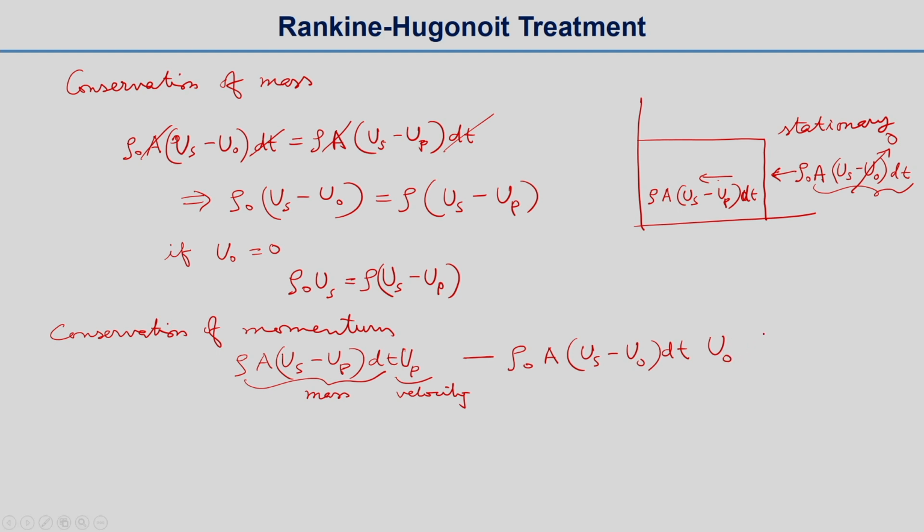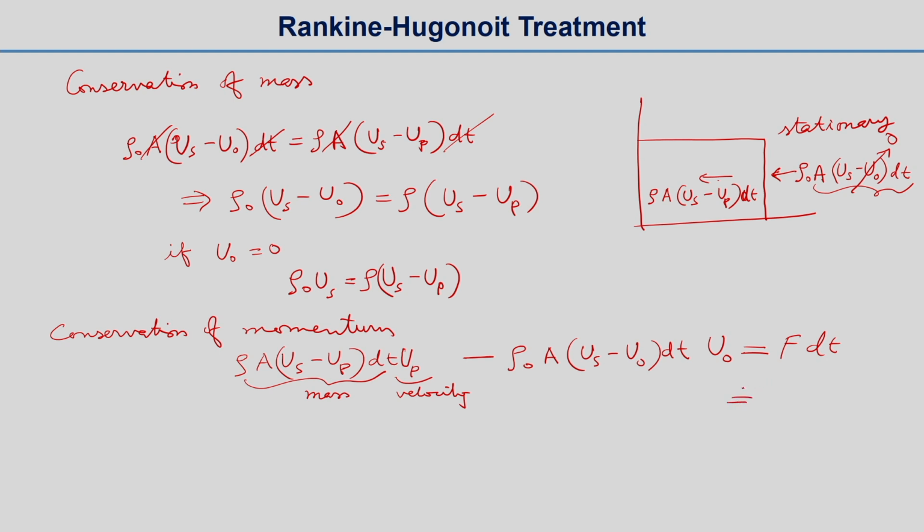If you can see from the figure, one is ahead of the shock front and one is behind the shock front. This difference in momentum will be equal to the impulse, which is F dt.